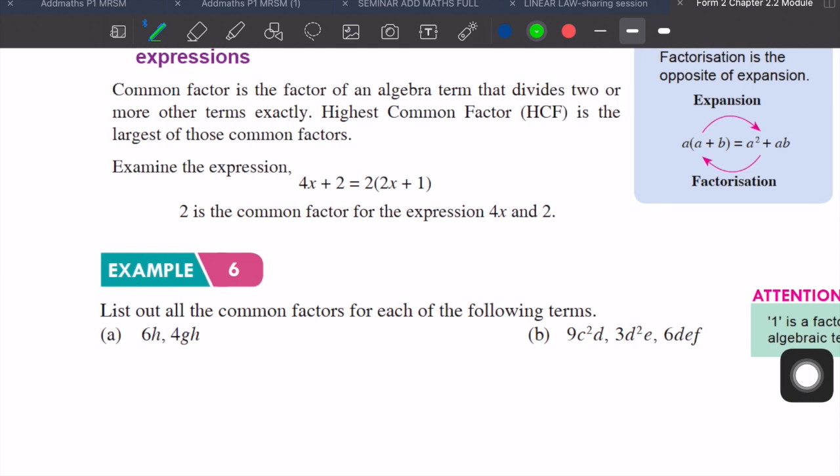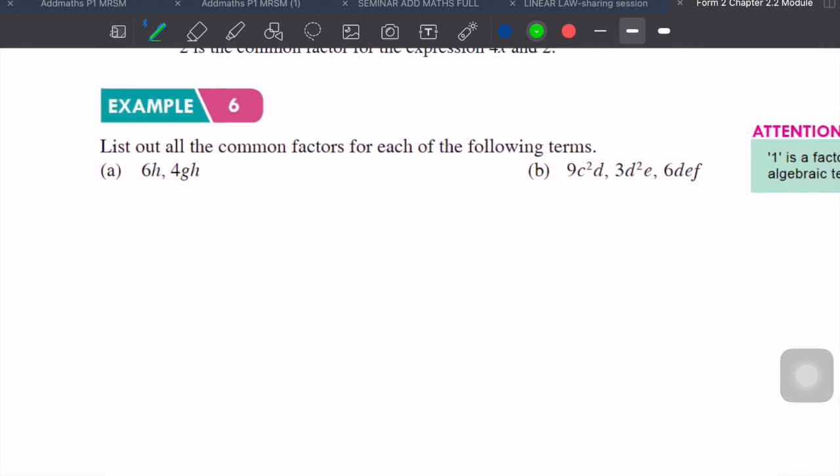Example 6. Let's do it together. List out all the common factors for each of the following terms. What can we do? First we do 6h.